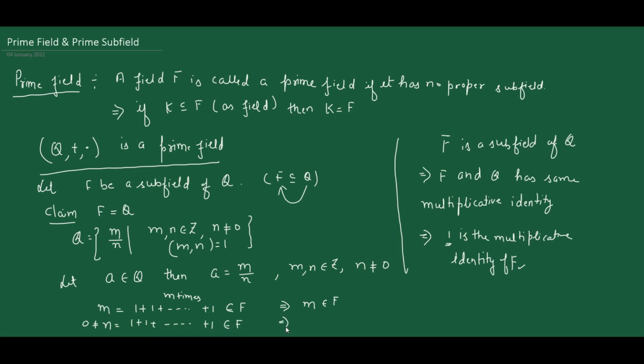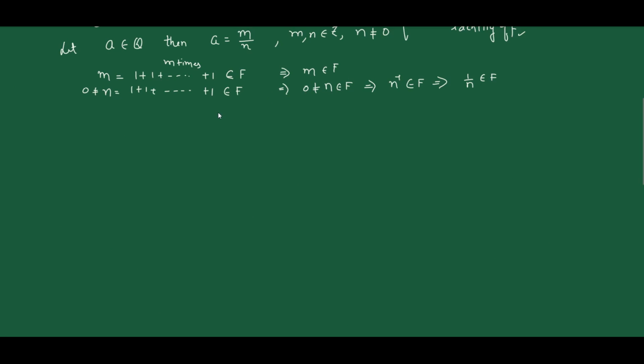It means the non-zero element n belongs to F, but F is a field, so every non-zero element is invertible, so n inverse also belongs to F. That means 1 by n belongs to F. So m belongs to F and 1 by n belongs to F. These are two elements of F, and F is an abelian group under multiplication.